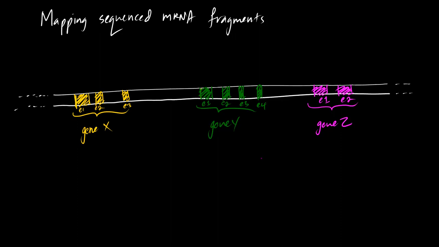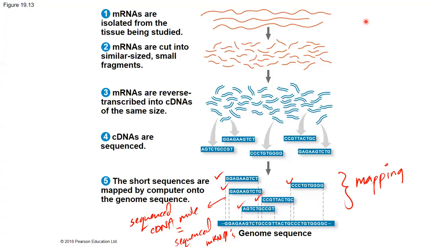So following sequencing, we will have, let's say, millions of sequenced cDNA molecules, or billions of cDNA sequences. Again, they represent the fragments that are made from the mRNA fragments, and the mRNA fragments are made from whole mRNAs.